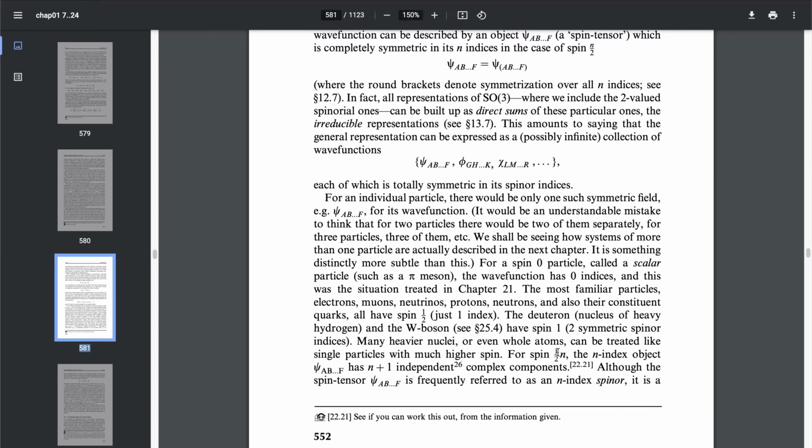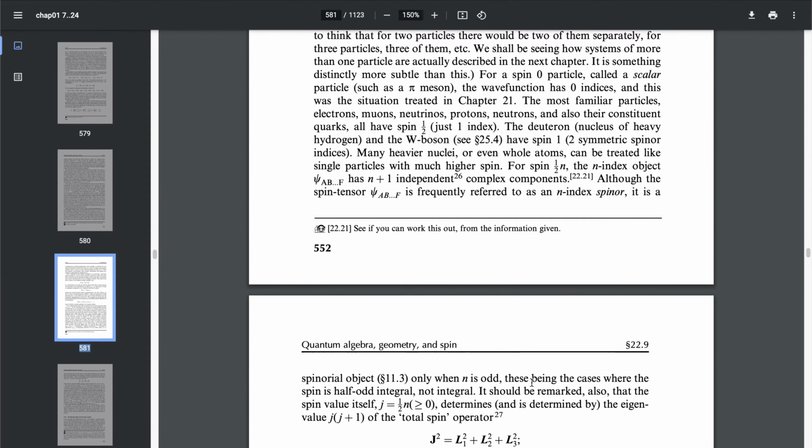For spin n/2, the n-index object has n plus 1 independent complex components. Okay, and the spin tensor is frequently referred to as an n-index spinor. It is a spinorial object only when n is odd, these being the cases where the spin is half-odd integral, not integral.